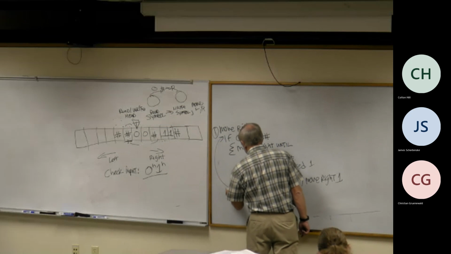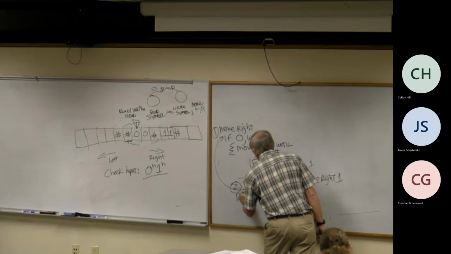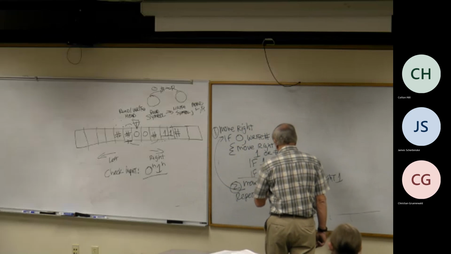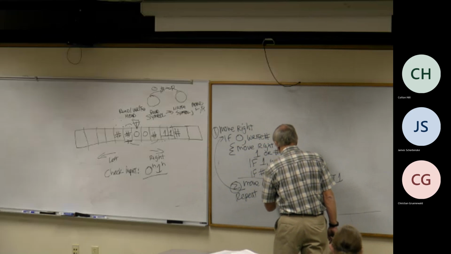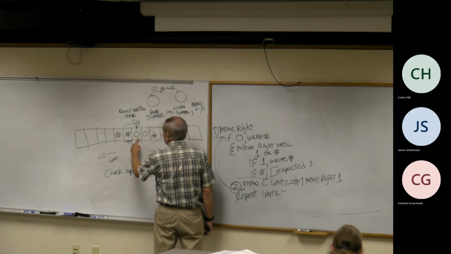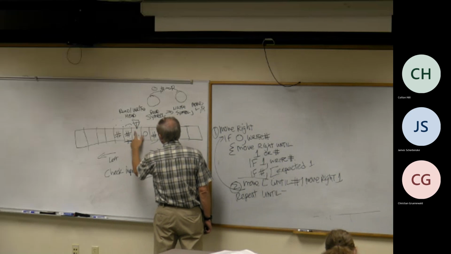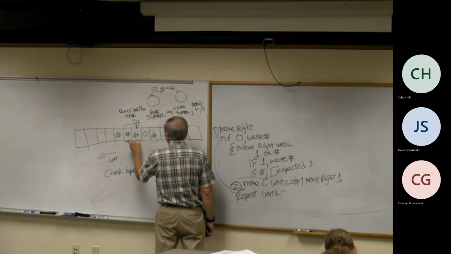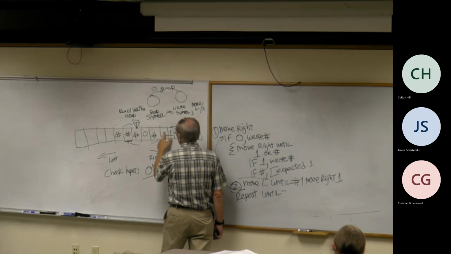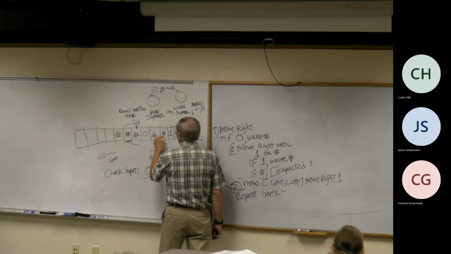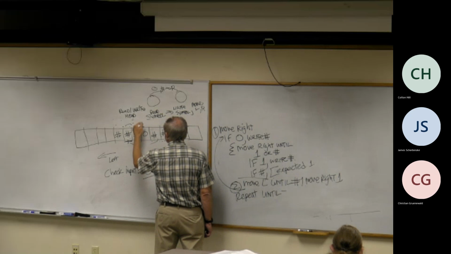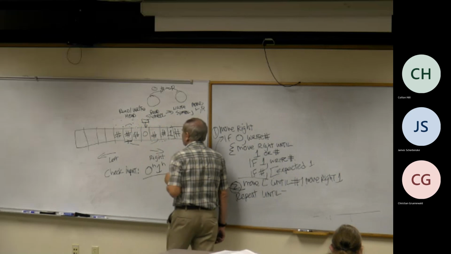This is that. And we can repeat that until what happens? Well, I'm sitting here, I see a 0, I can mark it off. Move right until I see a 1, and mark it off. Move left until I see the pound sign, and move right 1. So then move back here.